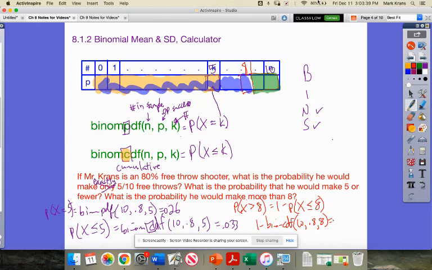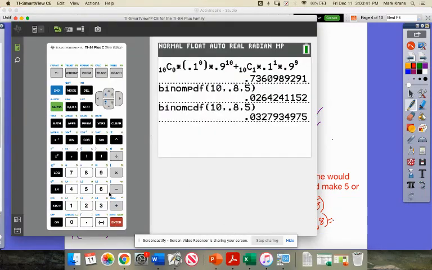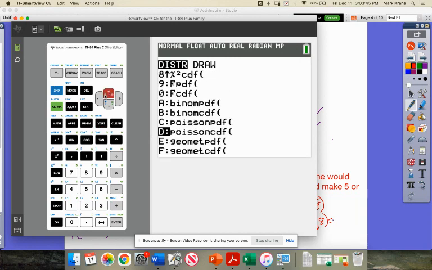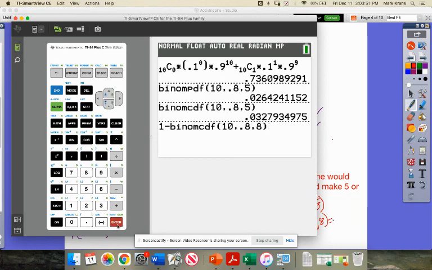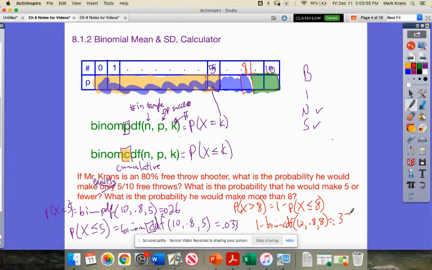Okay? And if I grab my calculator, 1 minus second distribution, up a few times, binomCDF(10, 0.8, 8), and I get 0.376. Okay? So that is the calculator.